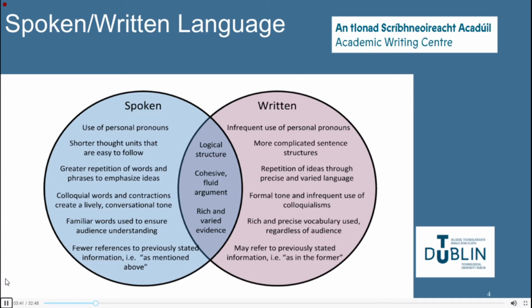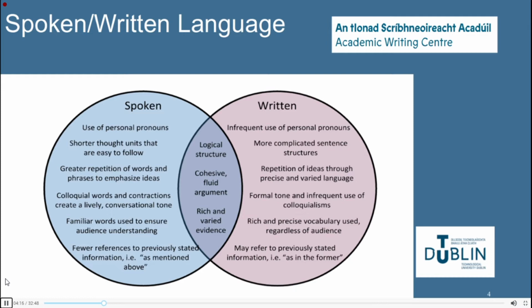In this presentation, we are concerned more with the spoken world, and you can see there the characteristics. The use of personal pronouns is a part of what we do. The language used is more colloquial in nature. The words used are of a more familiar nature, so that ensures that everybody understands what is being said.